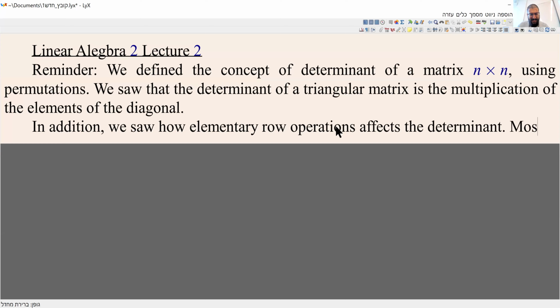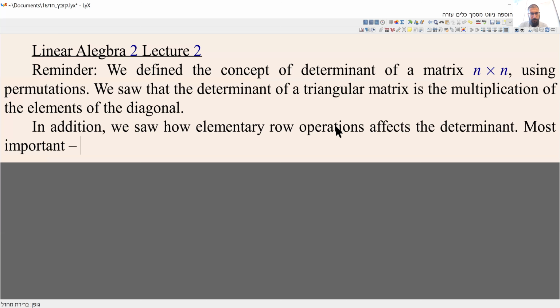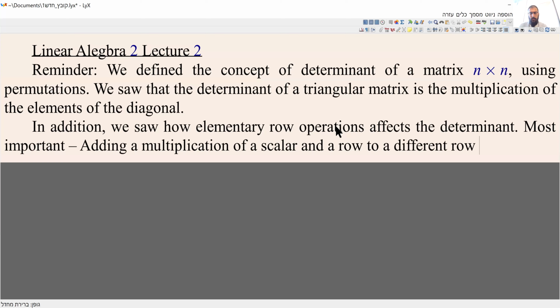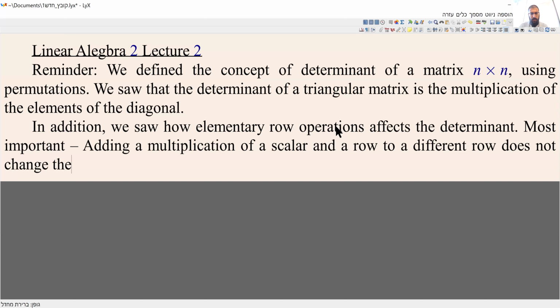Most importantly, again, most important: adding a multiplication of a scalar and a row to a different row does not change the determinant at all, which is very nice, as we saw last week, because when it comes to eliminating using Gauss elimination or something similar to get a triangular matrix, we mostly use these kinds of row operations.